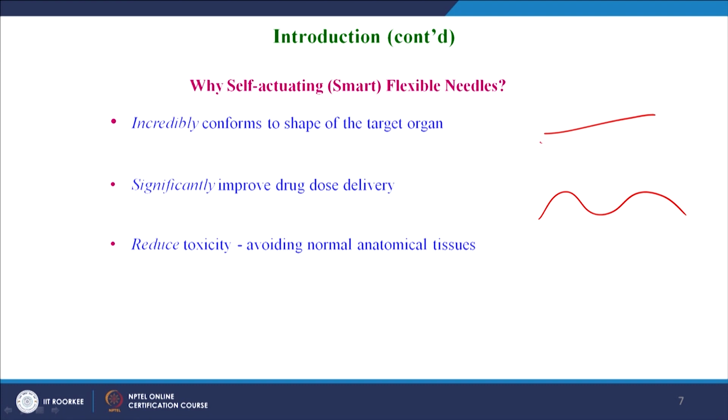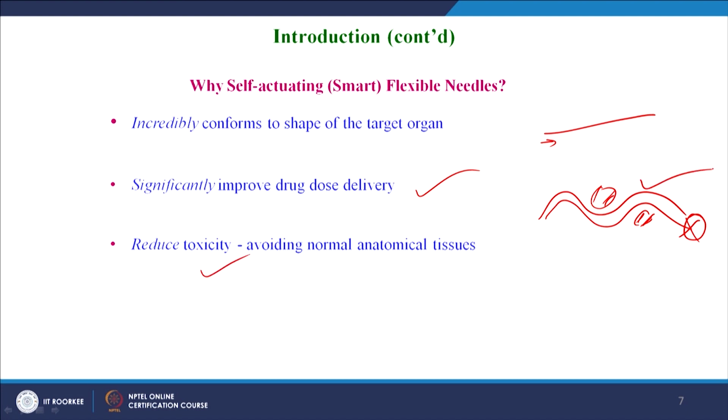This needle is pushed at the base so that the tip can go forward, whereas a self actuating or the smart needle will have itself getting bent so as to avoid anatomical obstacles to reach the target region, and it significantly improves drug dose delivery during the procedure, and it reduces toxicity.